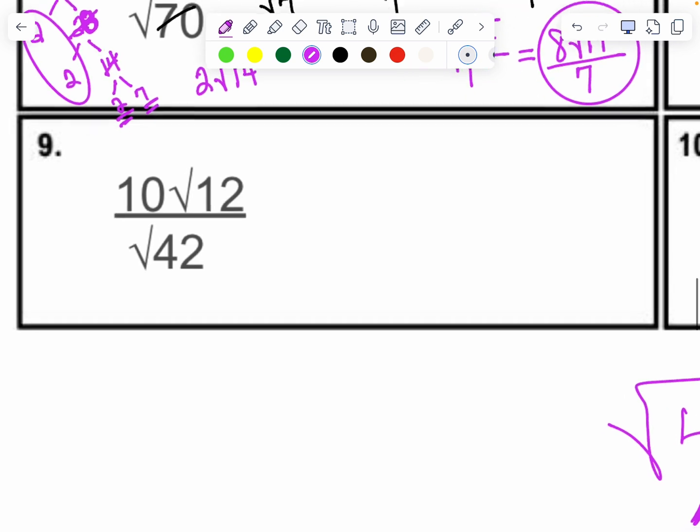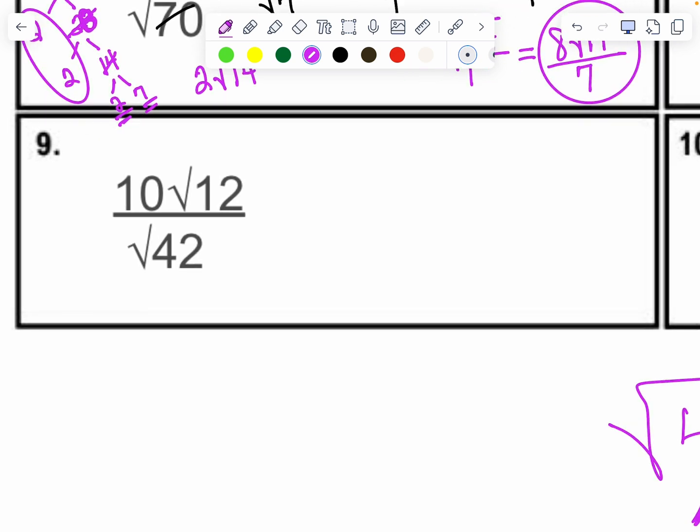Oh, look, we have one left we can go ahead and do. All right, 12 and 42 can be simplified to what? Can I divide them both by 3? That would be 4 over 14, so I can reduce those more.